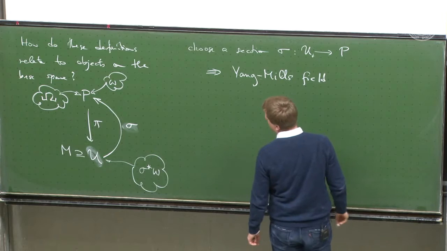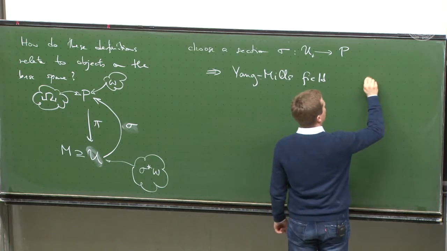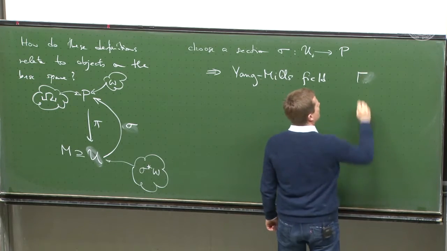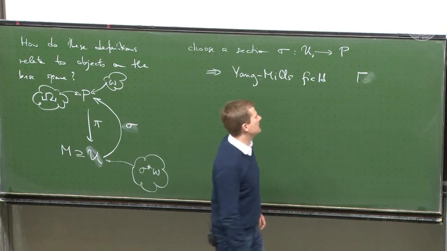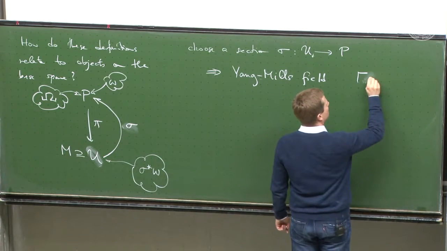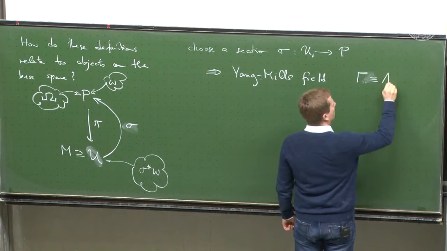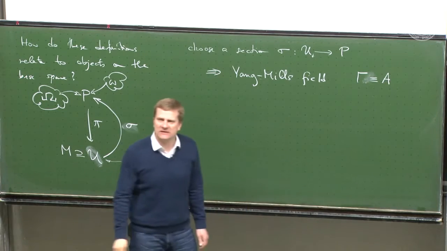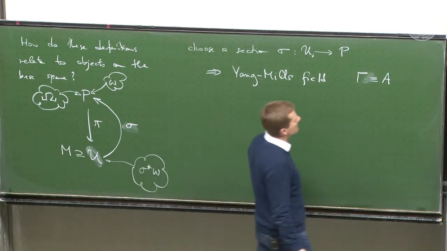and maybe this, we could call this gamma. That would remind us of the differential geometry case, or we could call it A. That would remind us of the gauge theory case in particle physics.